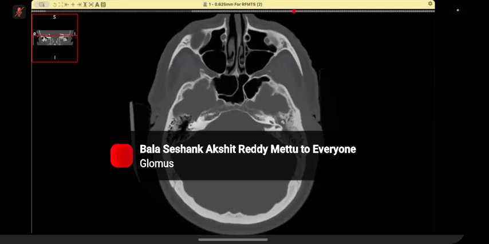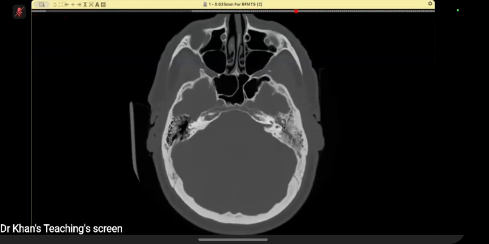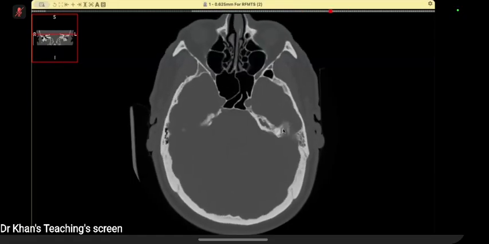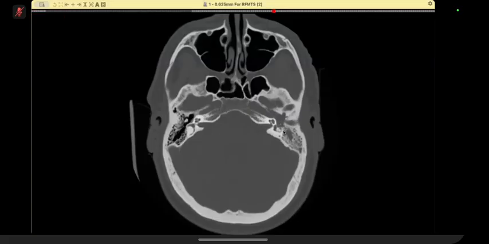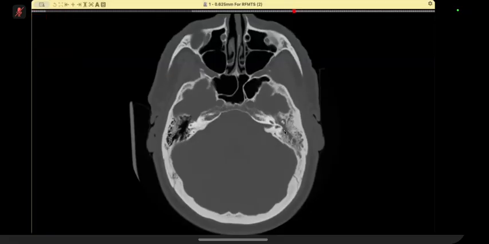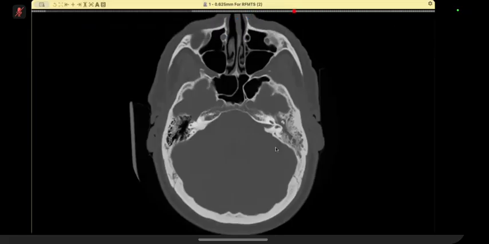We can see that there is otitis media, and maybe there is a bit of erosion here. Nothing new. I've already shown you quite a few cases like this. The patient initially became better on antibiotics, but after 2 weeks presented again with symptoms, and this time the patient had developed sixth nerve palsy.